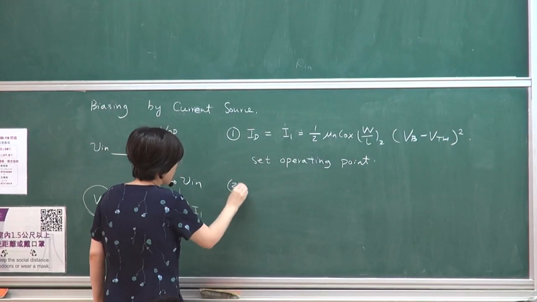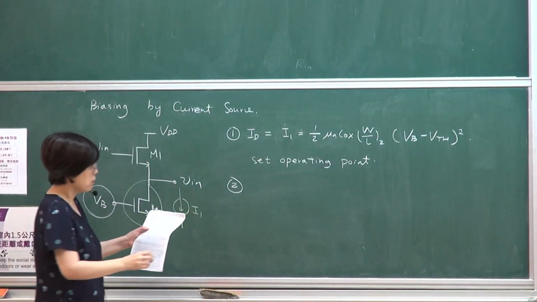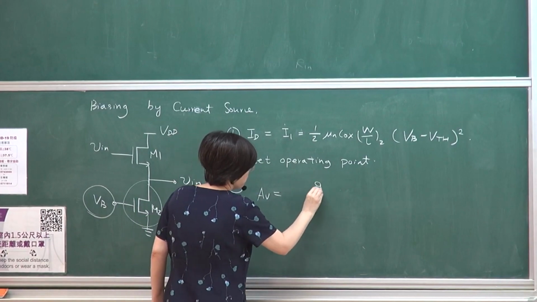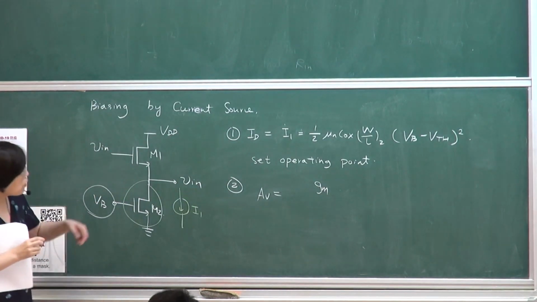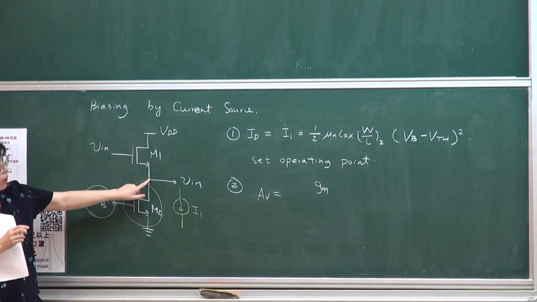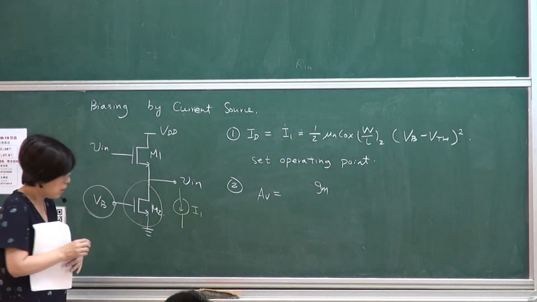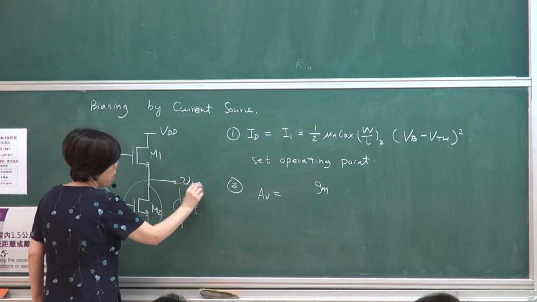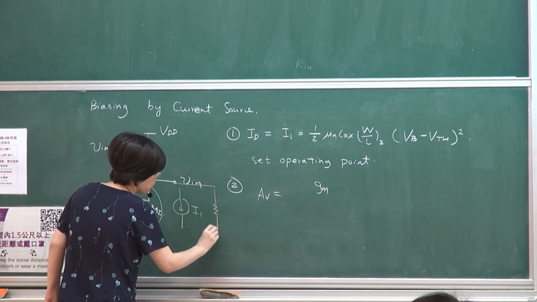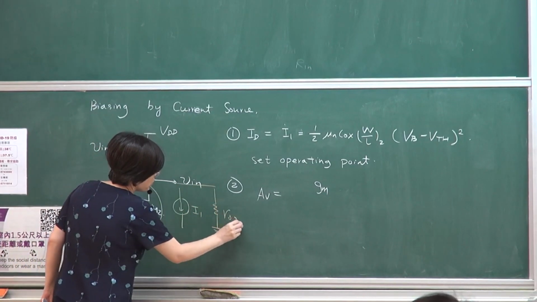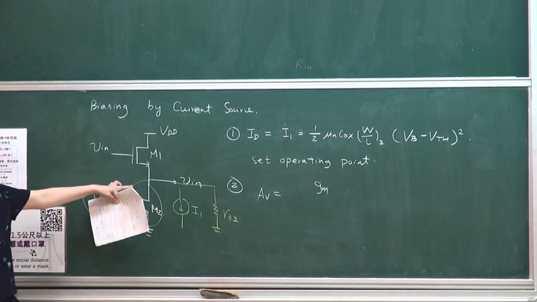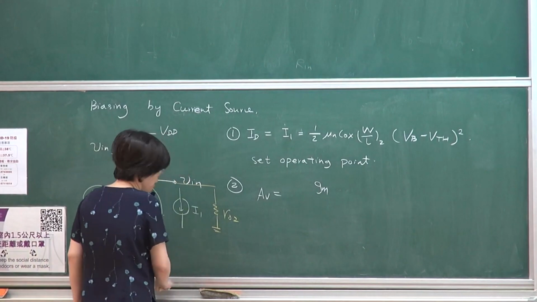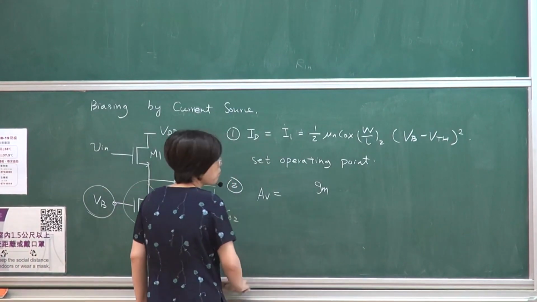The next thing is what is its voltage gain? At this external terminal, what you see is an output. In the small signal model, this is equivalent to RO2 because you're looking down from the drain. Therefore, the gain will simply be GM.